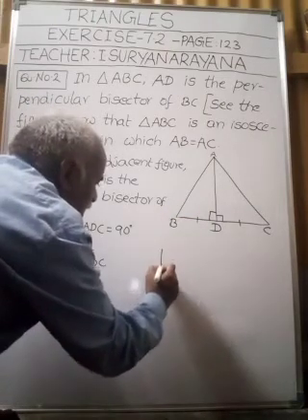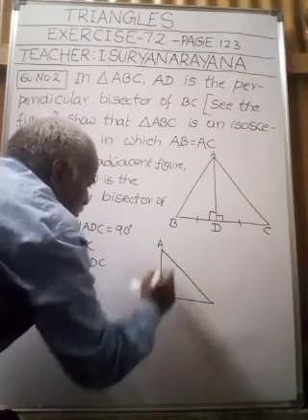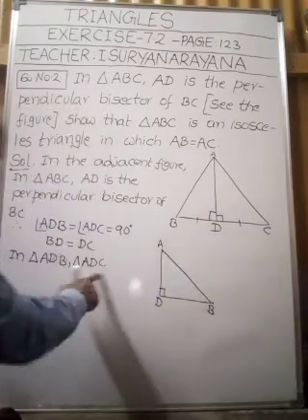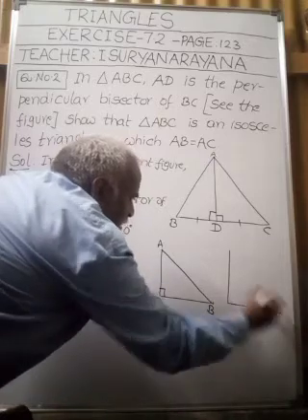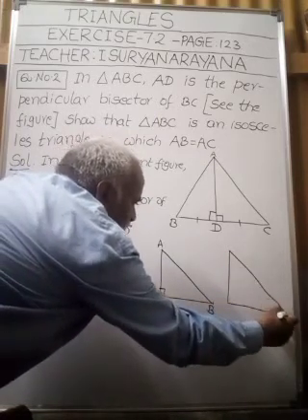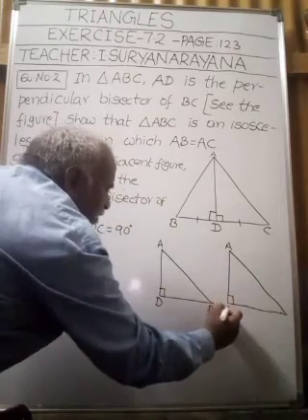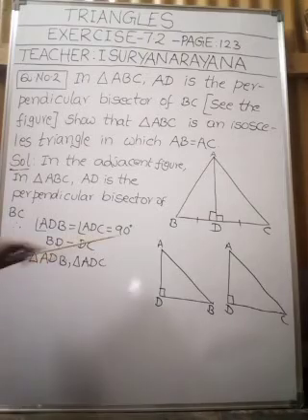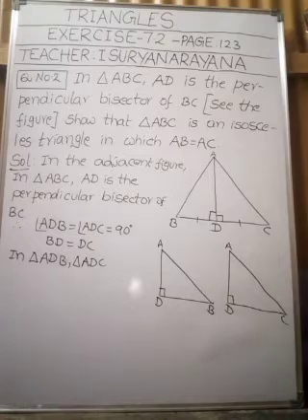See here ADB, next to ADC in the same order. I told you clearly, when you are drawing a rough diagram, you have to take the vertices in the same order. ADB, next ADC. In these two triangles, we are comparing the corresponding parts.